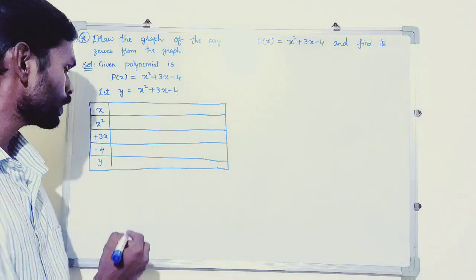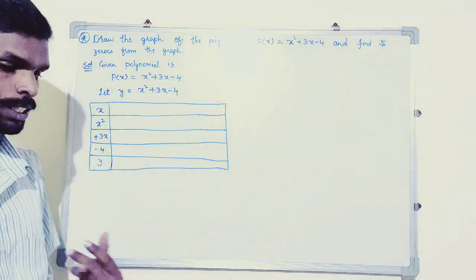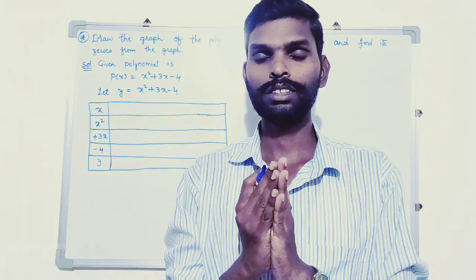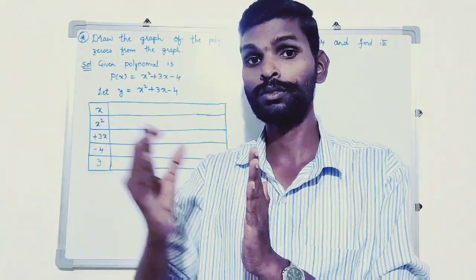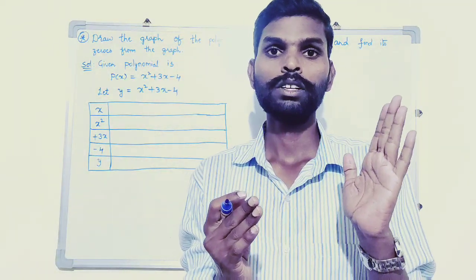We already know that the zeros are plus 1 and minus 4. From the point 0, minus 4 is 4 units distance on the negative axis and plus 1 is 1 unit on the positive axis.